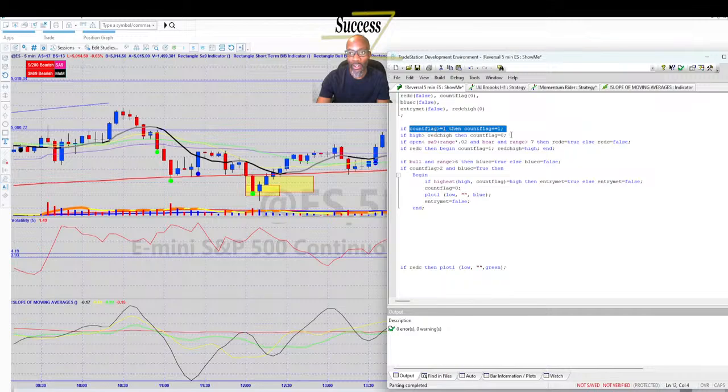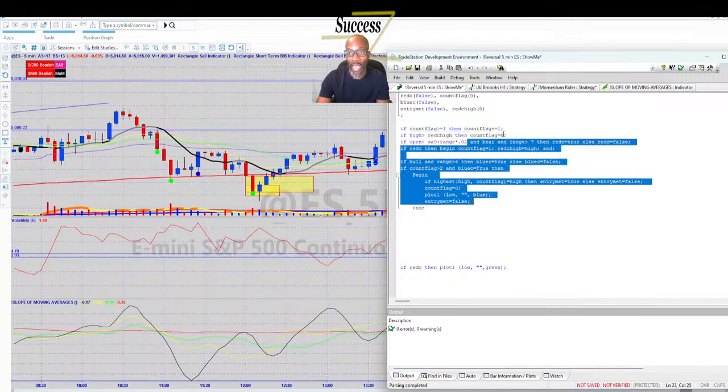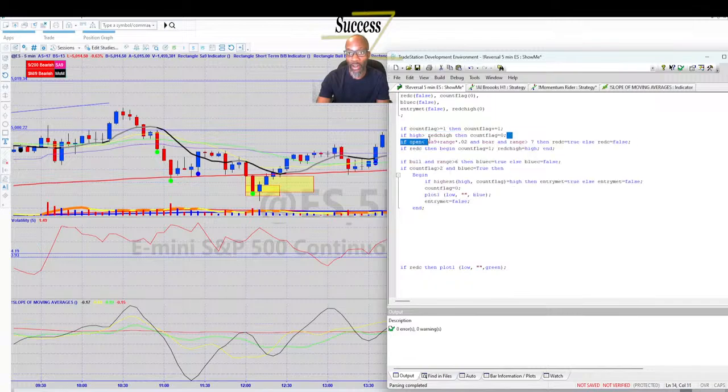And we'll go ahead and count that extra candle that just came newly on the screen. But now before we get down here and start doing anything with that new count, we're going to turn that count off if the high happens to breach this high. Now if we did that first, then we'd still be adding to this flag. We'll still be adding to the counts.